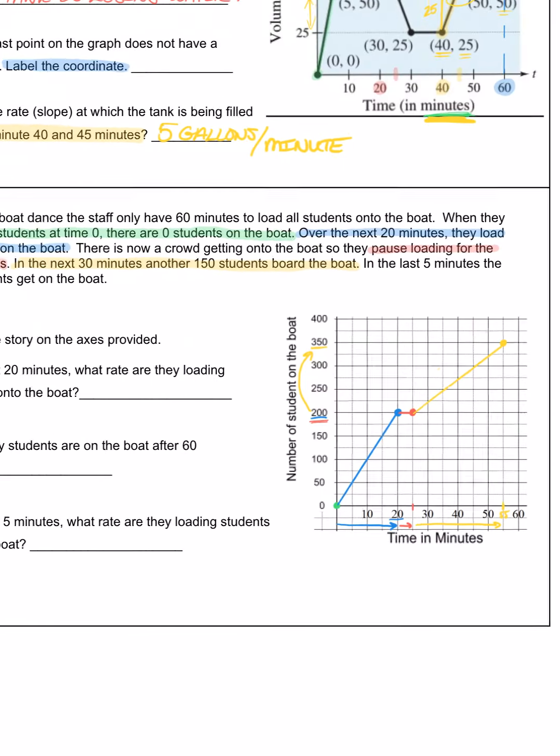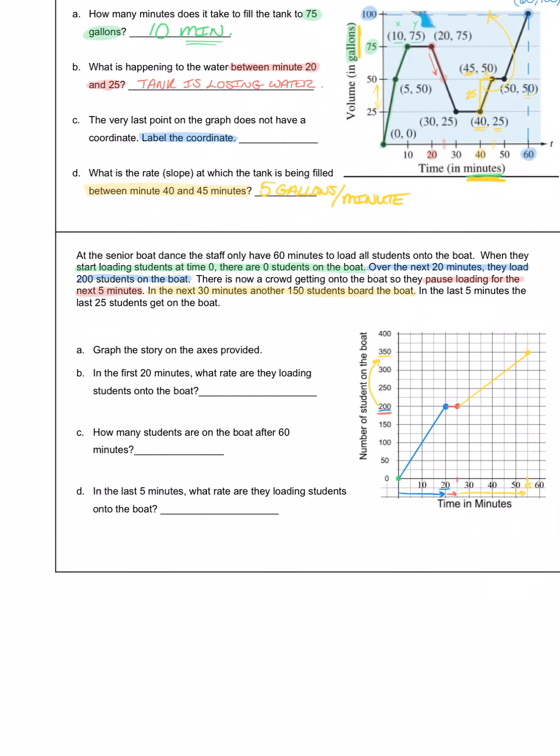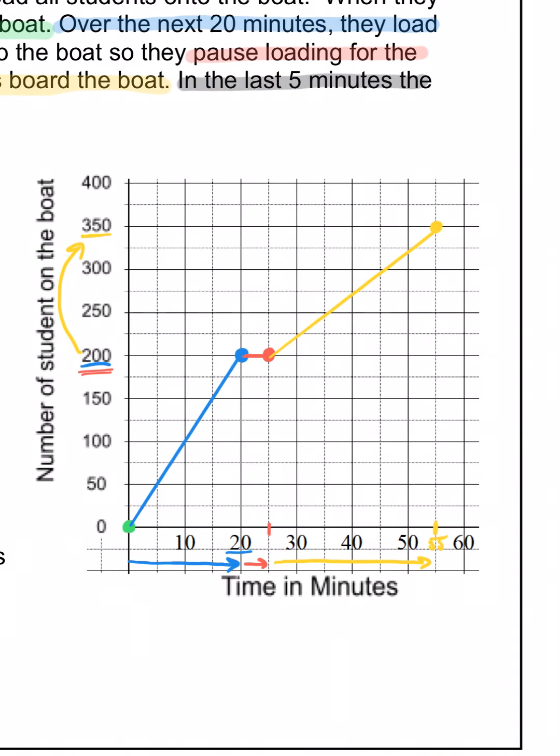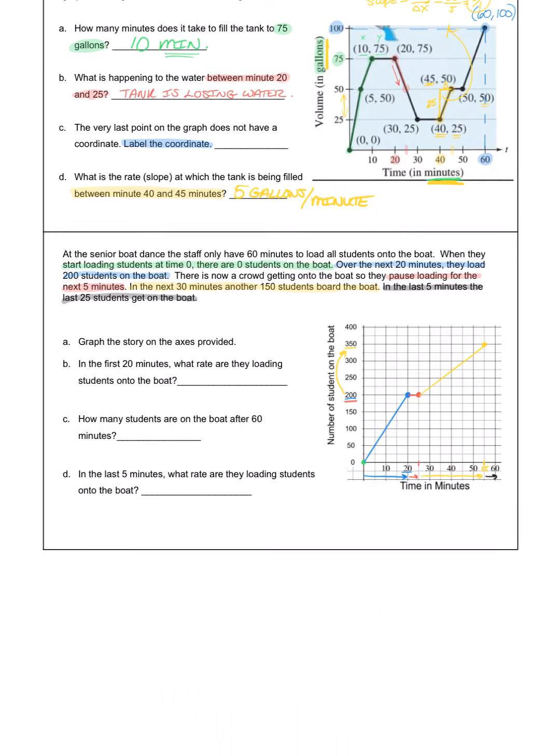Okay, and the last part says in the last 5 minutes, the last 25 students get on the boat. Well, next 5 minutes, let's take a look. So we go from 55 to 60. And the last, it says 25 students.